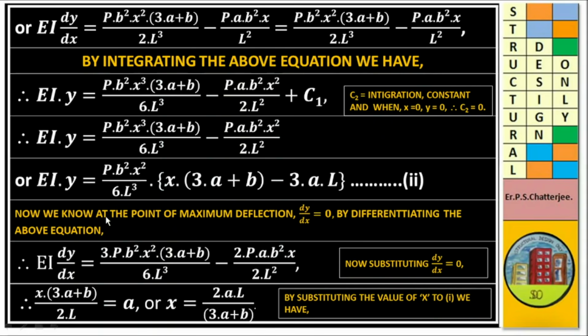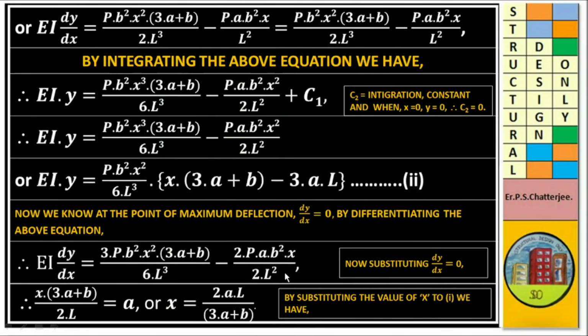Now, at the point of maximum deflection, dy/dx is equal to 0. By differentiating the above equation, we have EI dy/dx is equal to thrice PB square into x square into 3A plus B by 6L cube minus 2 PAB square into x by 2L square.